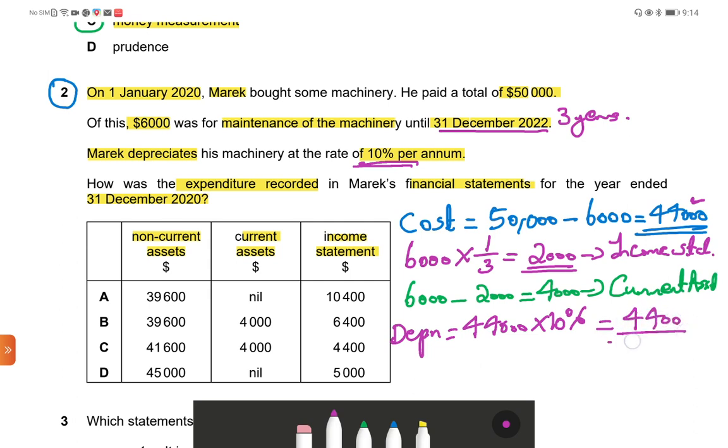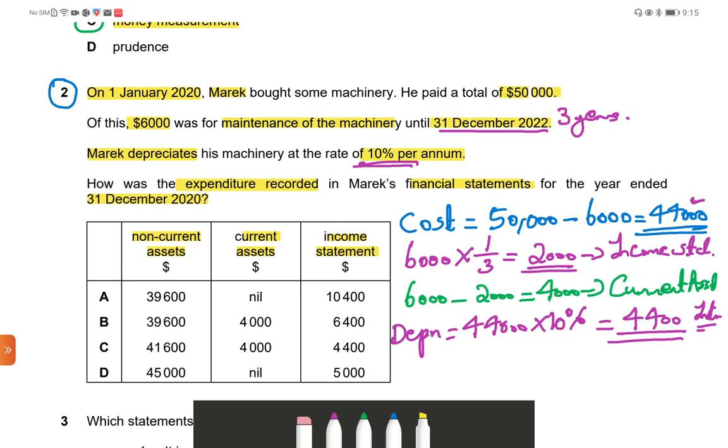Also we enter it in the income statement. Depreciation is a loss, so that also we enter in the income statement under the head of expense. So income statement and cost is available. Current asset.